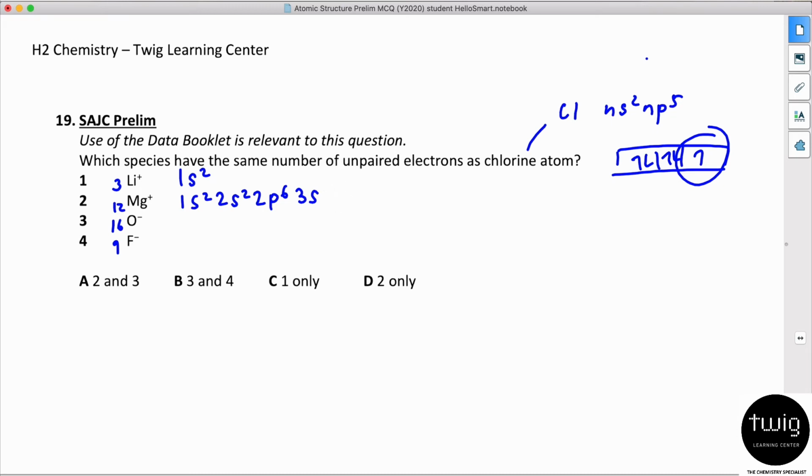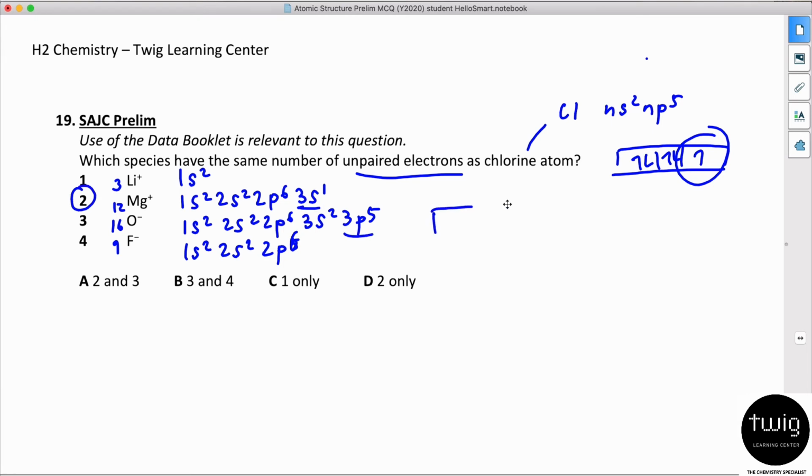Oxygen is 1s2, 2s2, 2p4, but it's a minus, so it becomes 2p5. Fluorine is 1s2, 2s2, 2p5, but since it's a minus, it becomes 2p6. So definitely the one with 3s1 has 1 unpaired electron. How about 3p5? 3p5 looks like this.